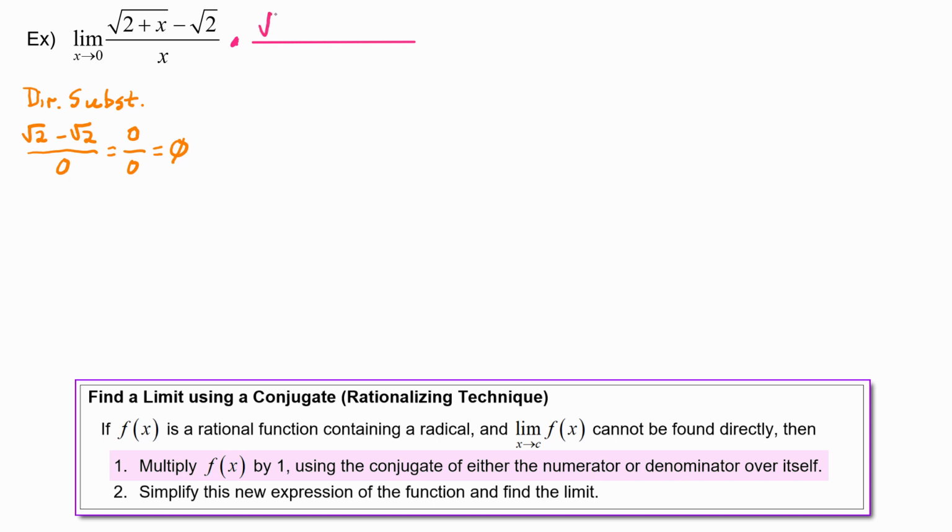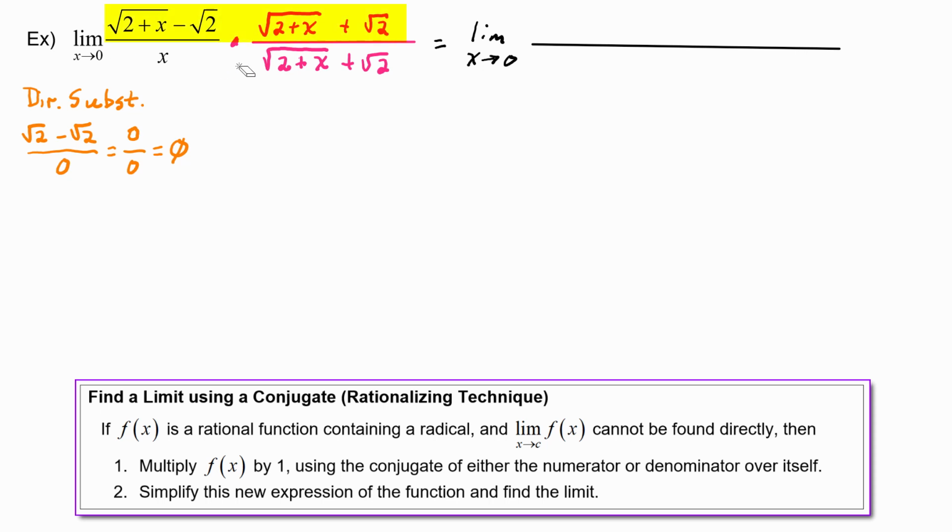So we've got radical 2 plus x plus radical 2 over radical 2 plus x plus radical 2 in the denominator. So this will equal the limit as x approaches 0.